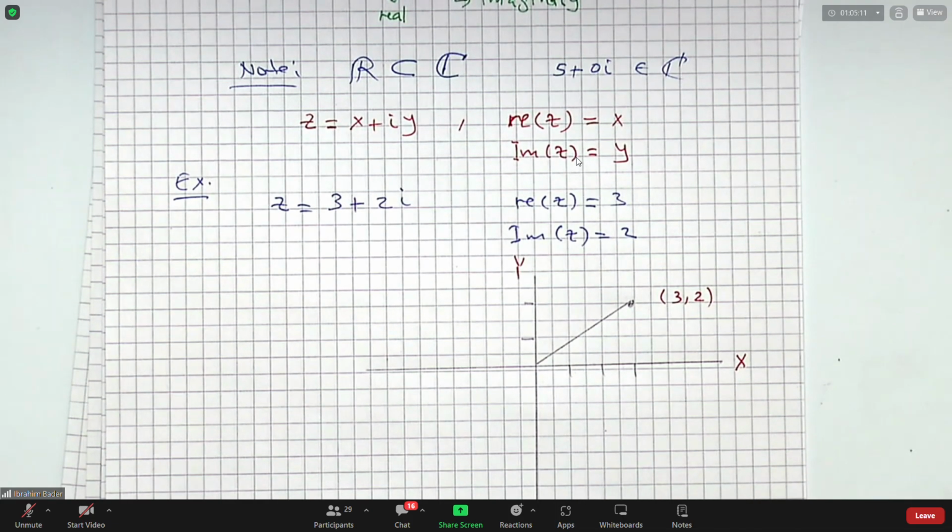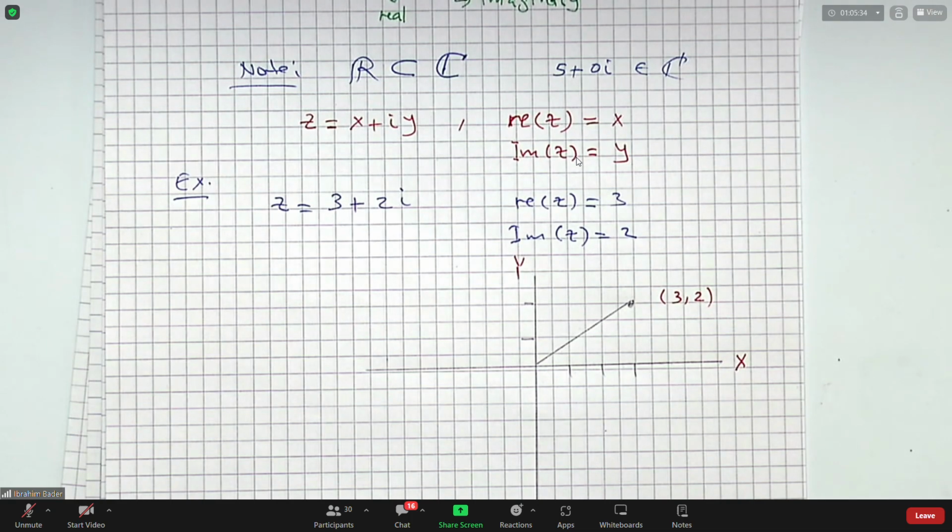And always ask yourself, whenever you have a complex number, where is this located? Remember, we just named these quadrants. Quadrant 1, counterclockwise, quadrant 2, quadrant 3, quadrant 4: positive, positive; negative, positive; negative, negative; and positive, negative. Okay?